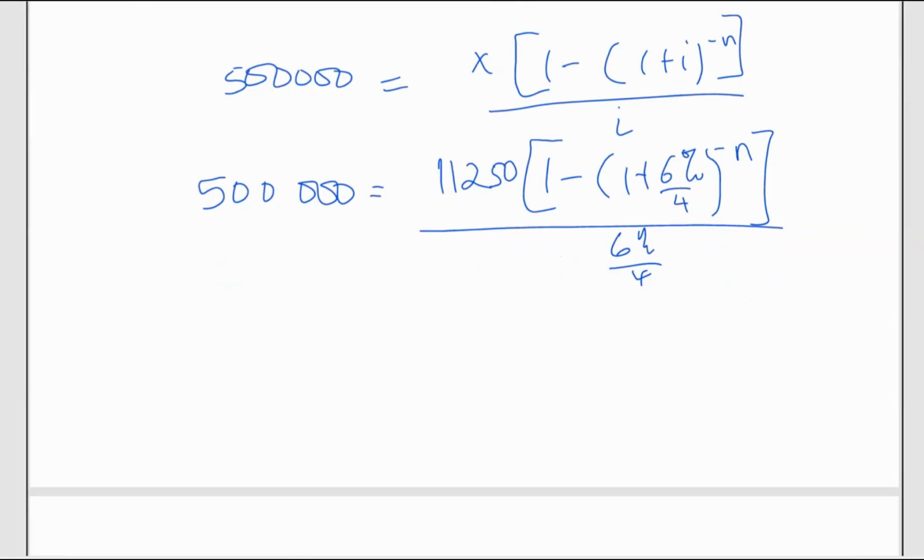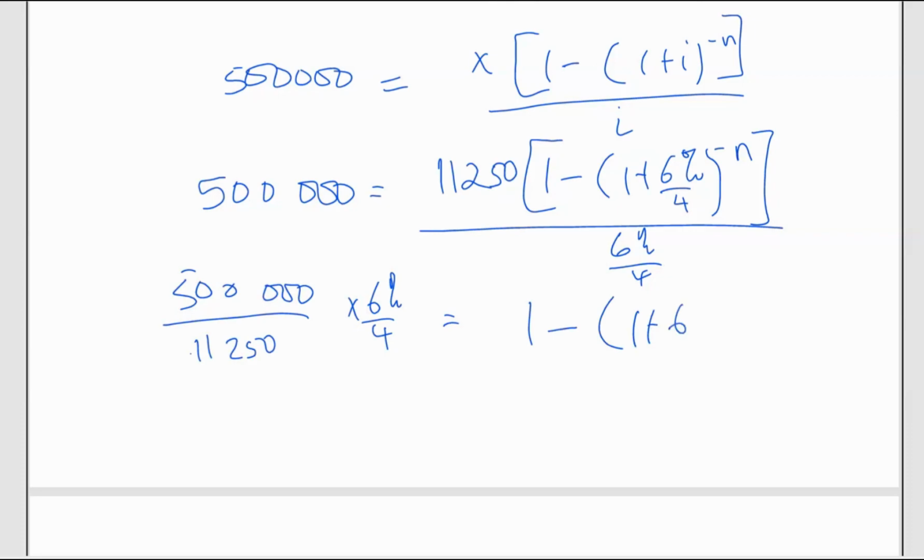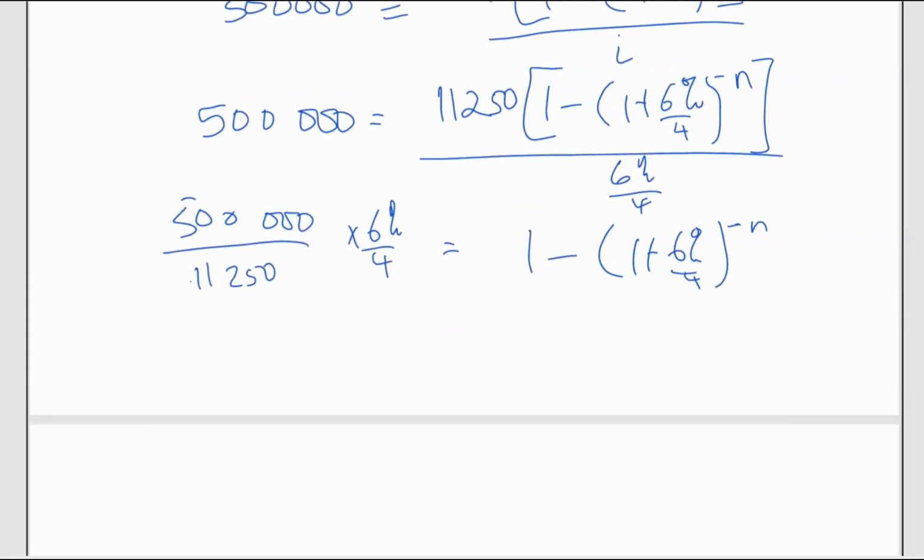So I'll start by dividing both sides. So it's going to be 500,000 over 11,250 times 6% over 4 should be equivalent to 1 minus 1 plus 6% over 4 with exponent of negative n. So on my left, let's see, that's 500,000 times 6% over 4.